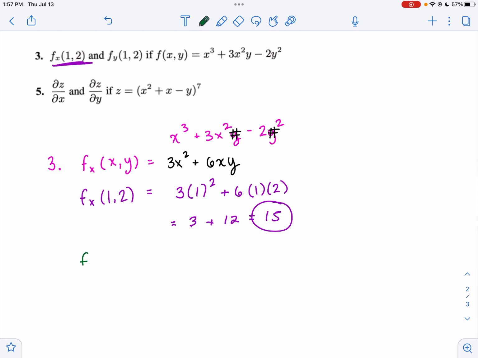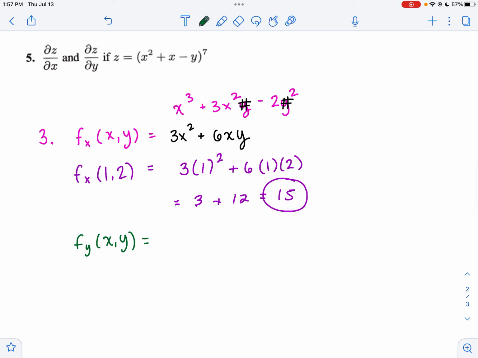So our second one, which would be the derivative with respect to y, is going to be a very similar process. Again, I'm going to copy this down just so we can take a look at what's happening. Taking the derivative with respect to y, I want to pretend that all these x's are now just numbers, right? If those are numbers, this first value disappears.